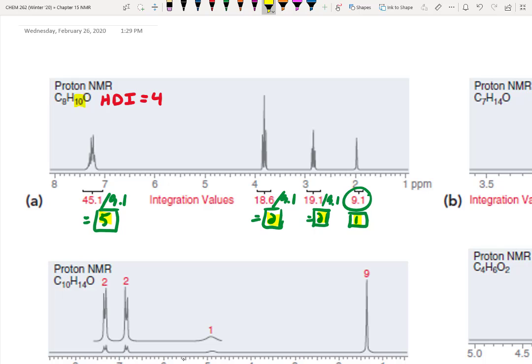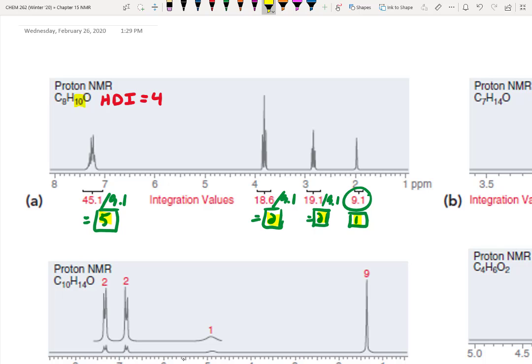So now we've got whole number values that correspond to the number of protons. Does that make sense? So if you're ever stuck on the integrations, just remember the ratios, and you can change the numbers to match the number of your protons just by dividing or multiplying by a constant. All right, so we've got that done.